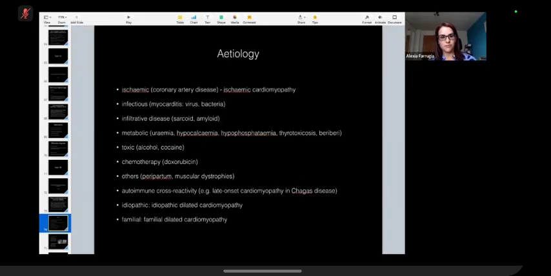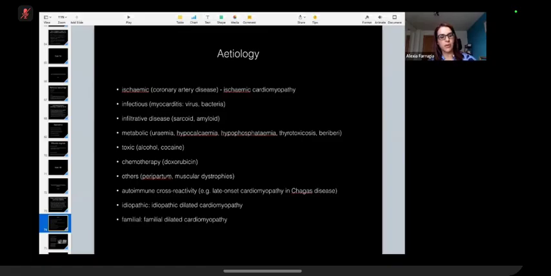There are many causes. It could be ischemic, in the presence of coronary artery disease, ischemic cardiomyopathy; it could be infectious, post-myocarditis; it could be due to an infiltrative disease of the myocardium, sarcoid, amyloid; metabolic; toxic, alcohol misuse, cocaine; secondary to chemotherapy, doxorubicin in particular is implicated.